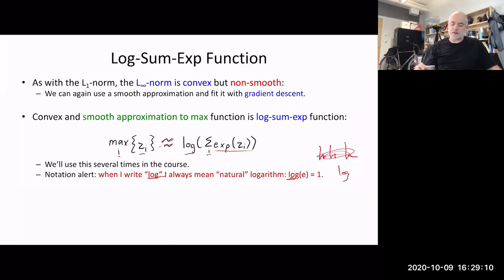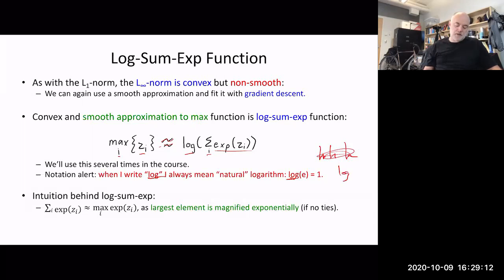So if I write log, it's a little bit clearer. The intuition, as I already gave you, is that the sum over all the elements of the exponentiated value of the elements is very close to the maximum over all of the exponentiated elements.